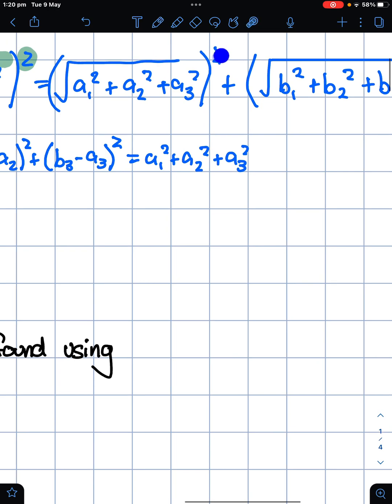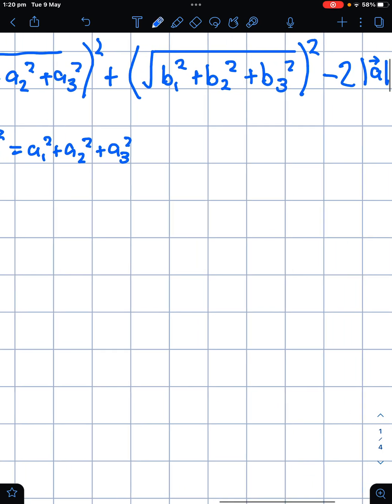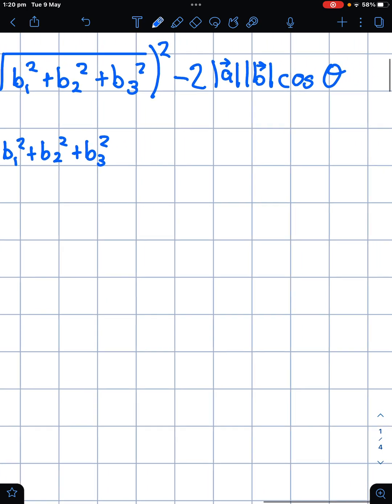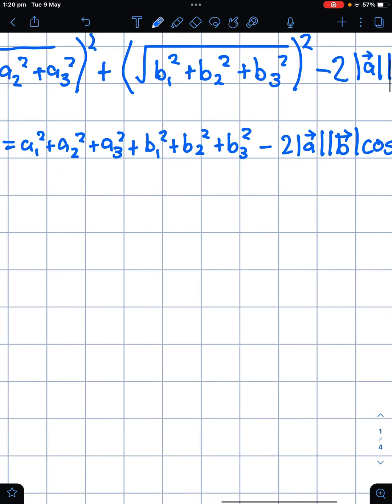Okay, so the square and the square root have cancelled out here, and we're left with plus b1 squared plus b2 squared plus b3 squared minus 2|a||b| cosine theta.